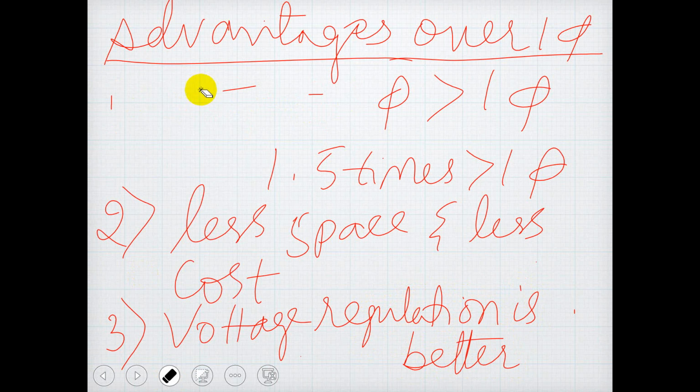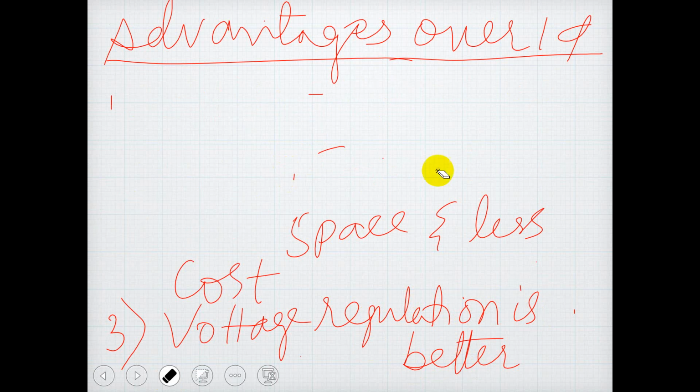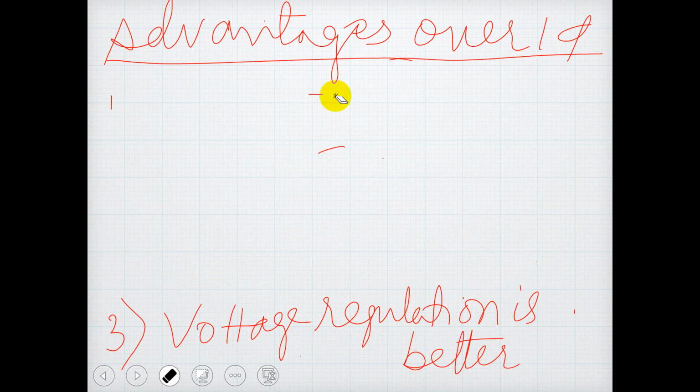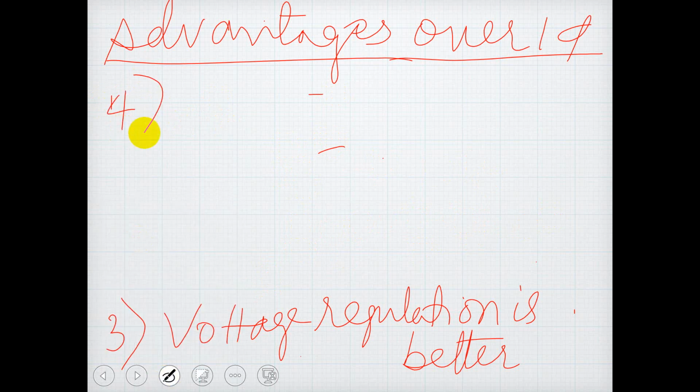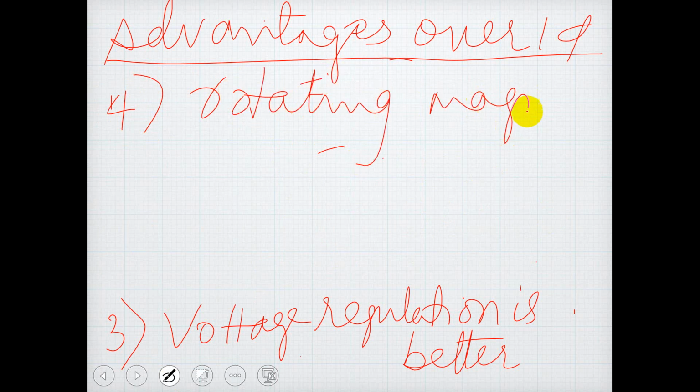The fourth advantage is that it is possible to produce a rotating magnetic field with stationary coils by the three-phase system.